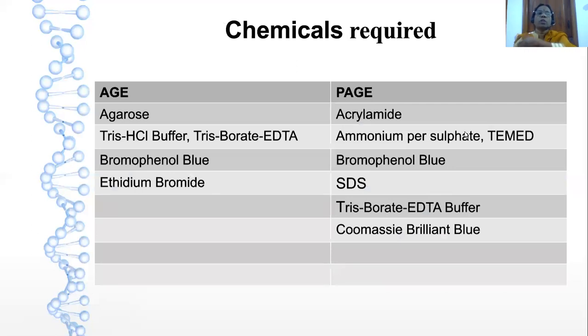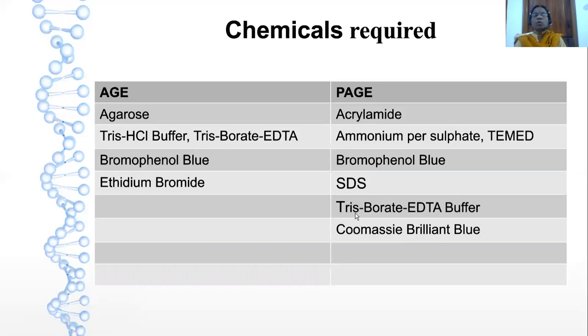What are the chemicals required for agarose and polyacrylamide or PAGE? Agarose gel electrophoresis requires agarose, whereas PAGE requires acrylamide. The buffer system which we are using for the horizontal electrophoresis can be tris-HCl buffer or tris-borate EDTA buffer.